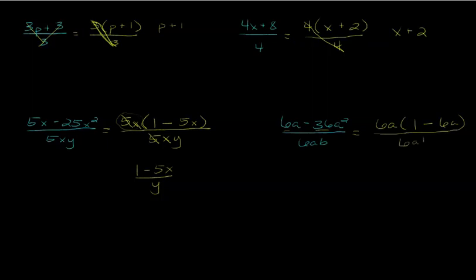And again, just like the last one, looks almost identical. This 6 cancels out, the a cancels out. Again, we cannot reduce with this because it's being subtracted. So we're left with 1 minus 6a over b. Bada bing, bada boom.